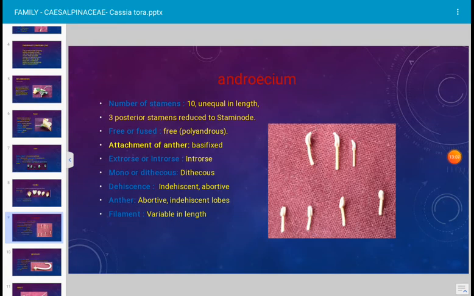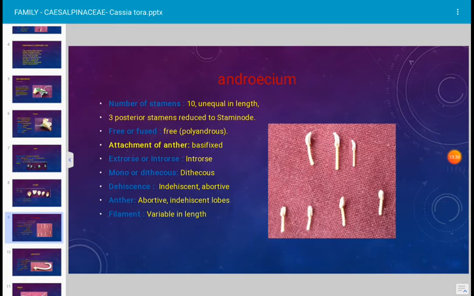Total stamens are 10, and the filaments are unequal in length, and the posterior 3 stamens are highly reduced to staminodes. Staminodes are sterile stamens; they do not produce pollen grains. All these stamens are free, hence they are described as polyandrous condition in taxonomy.